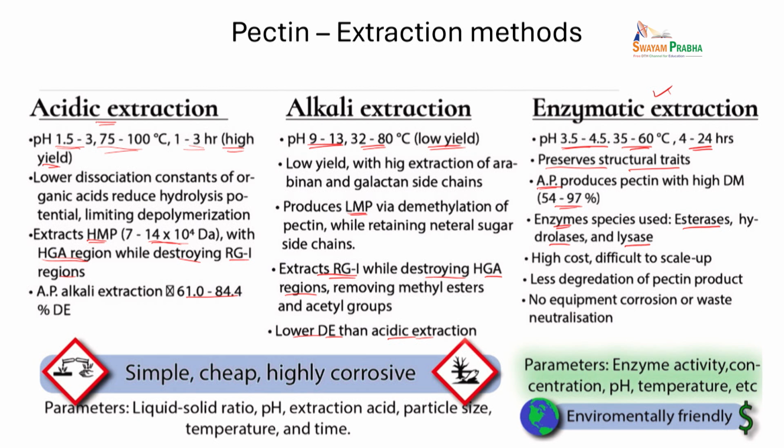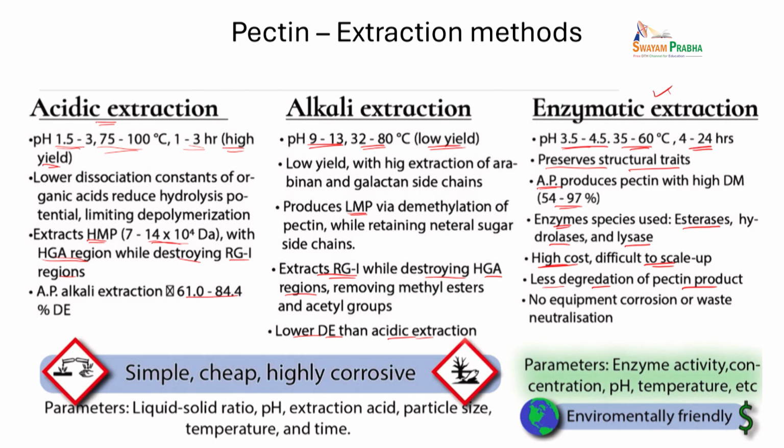As one would expect, enzymatic extraction is going to be quite expensive, because you need active enzymes, so purification of enzymes is quite costly, and doing it on a large scale is also a challenge. However, the advantage is that you have much less degradation of pectin from the native state.